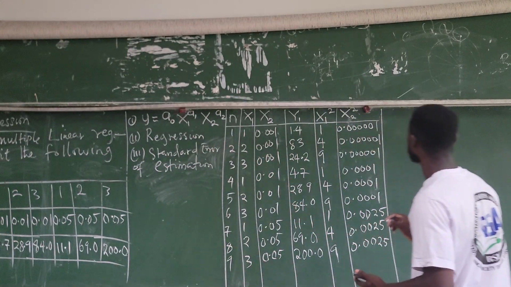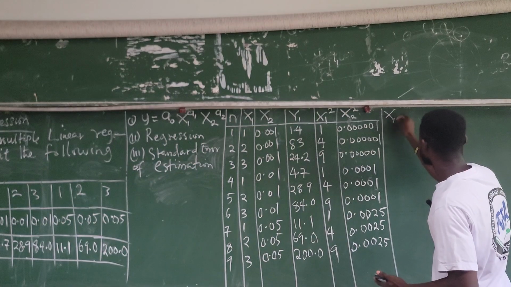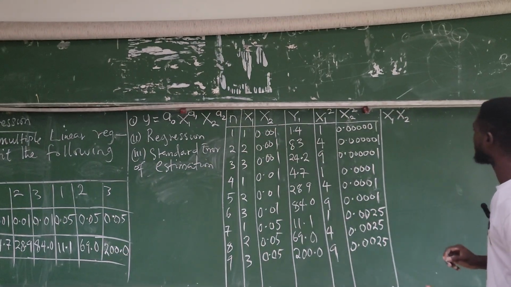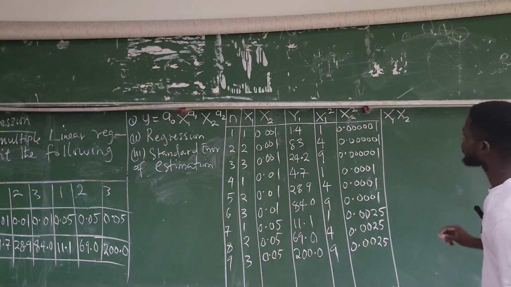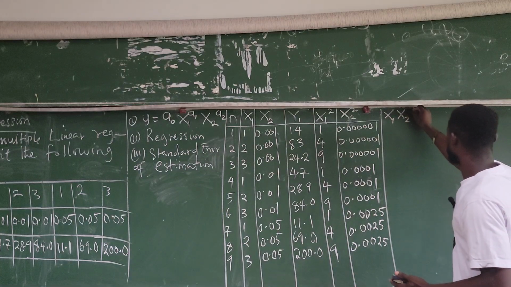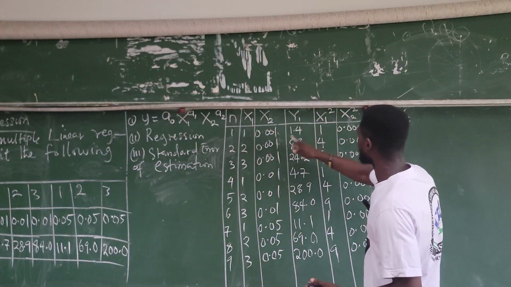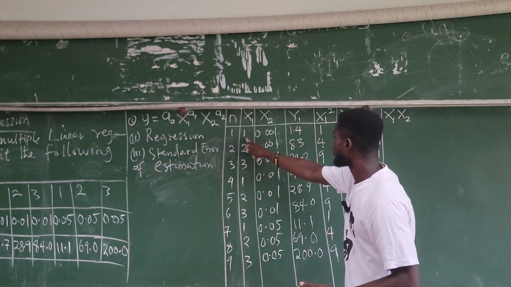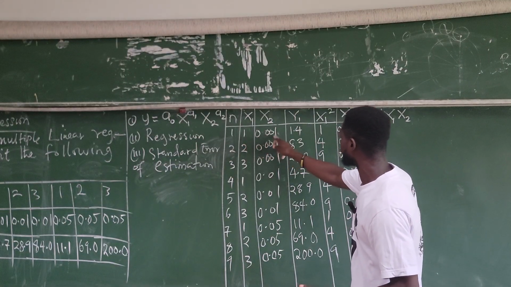After that, we are going to have our x1 x2. This is x1 and this is x2, so we multiply 1 times 0.001.